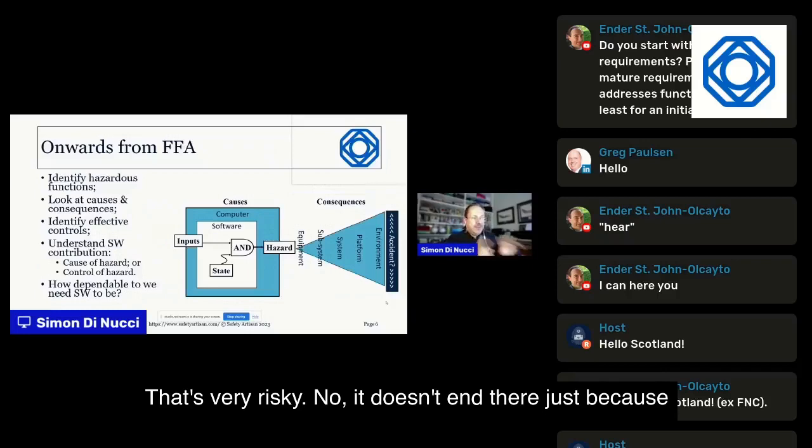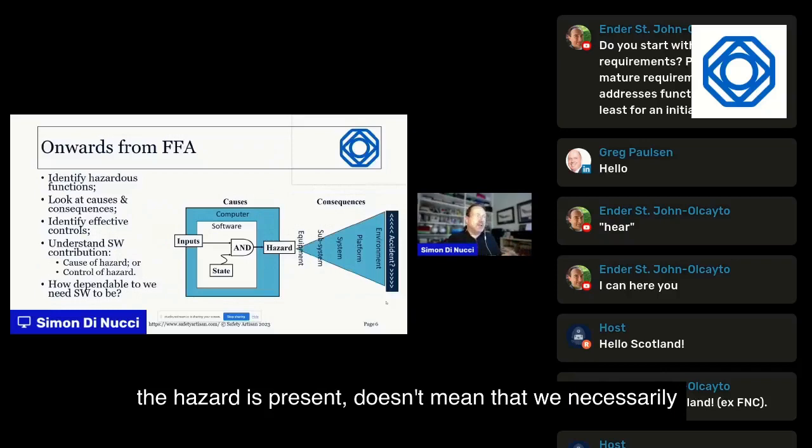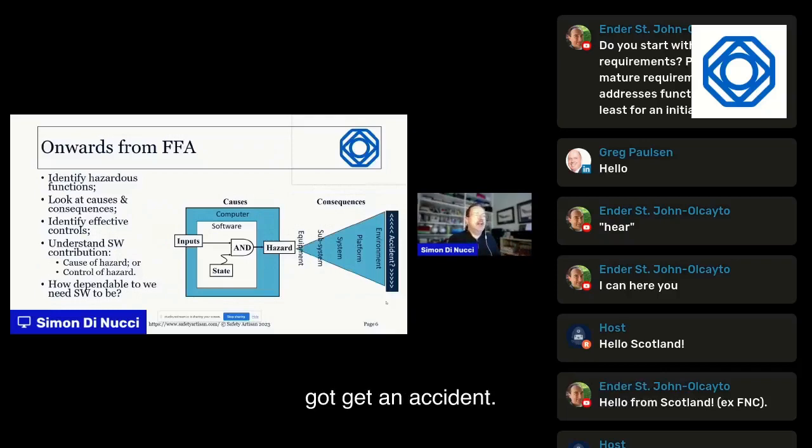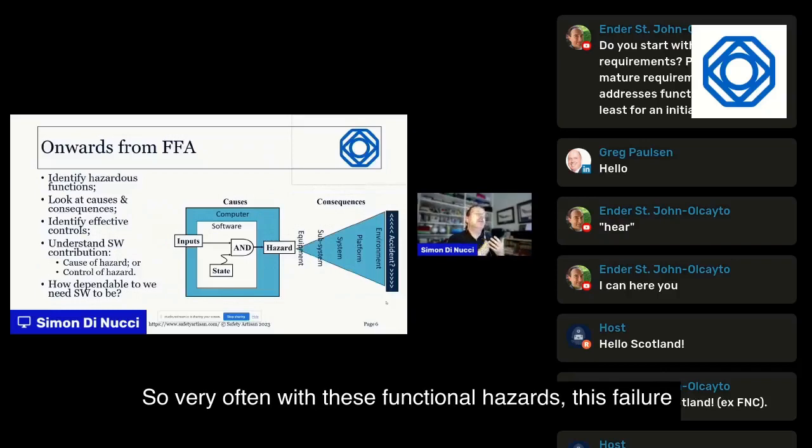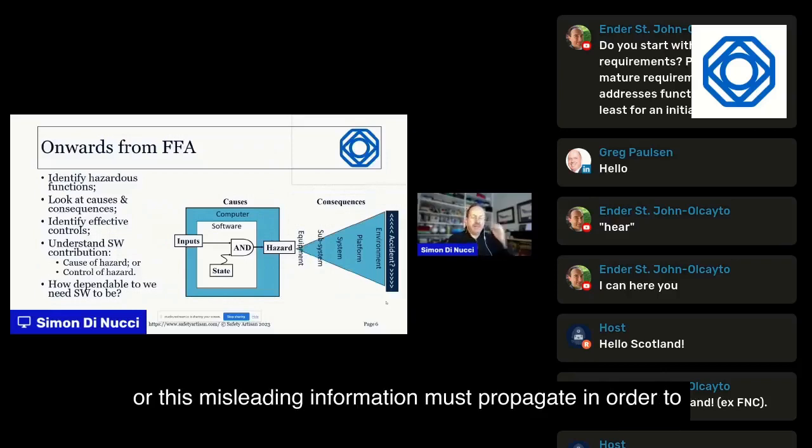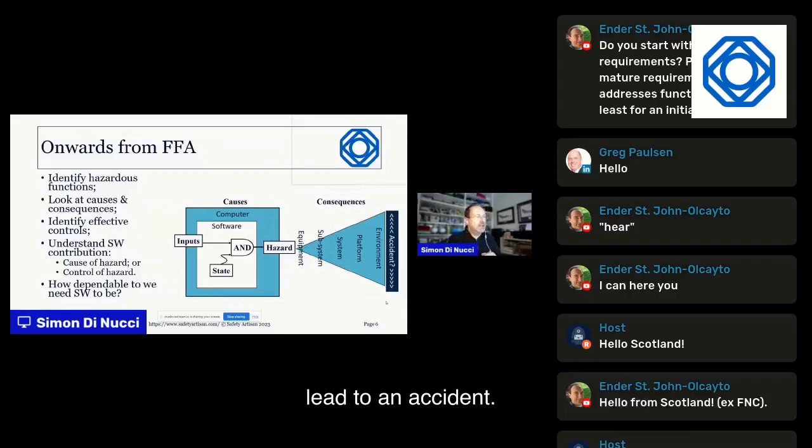Now, it doesn't end there. Just because the hazard is present doesn't mean that we necessarily get an accident. Very often with these functional hazards, this failure or this misleading information must propagate in order to lead to an accident.